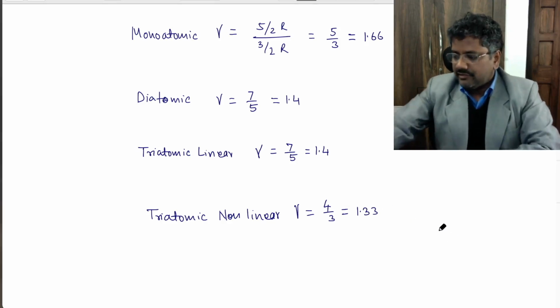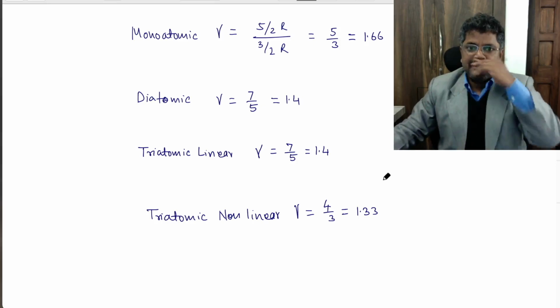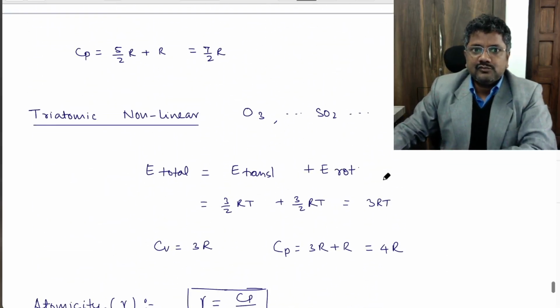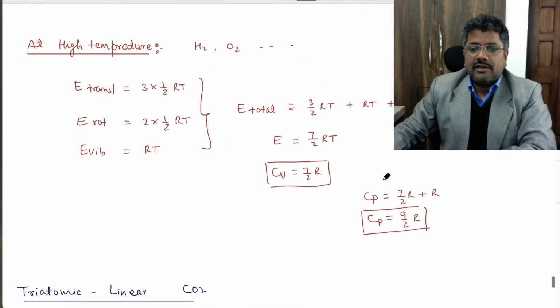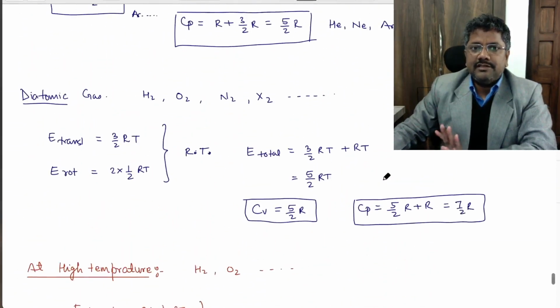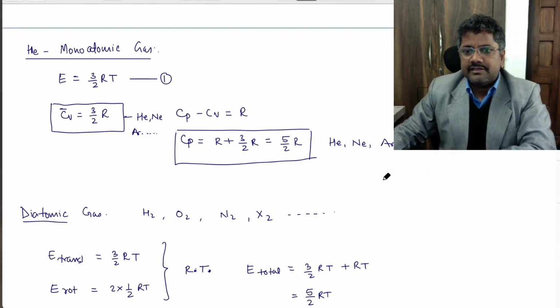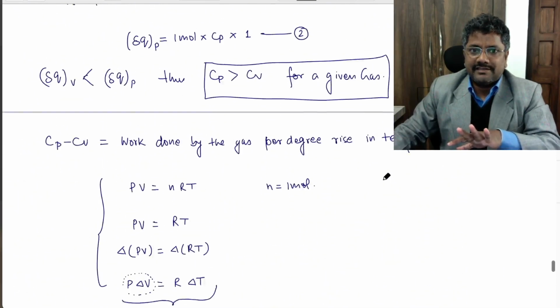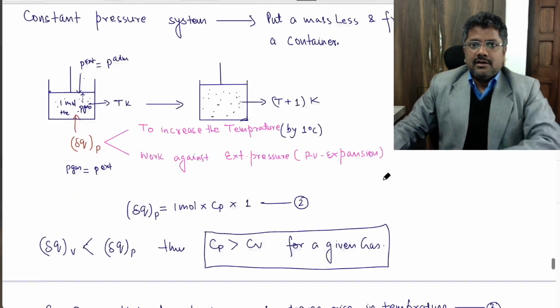So in this way you can calculate the atomicity or gamma, right? So this is all about the calculation of Cp, Cv, difference between Cp and Cv, and relation between Cp and Cv for different gases, right? Okay.